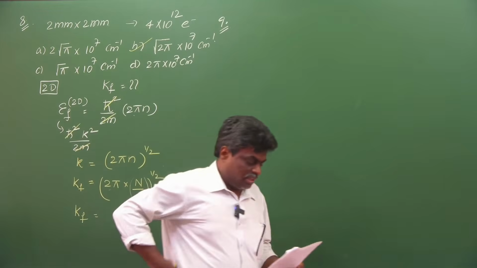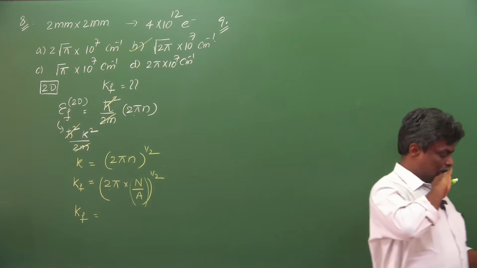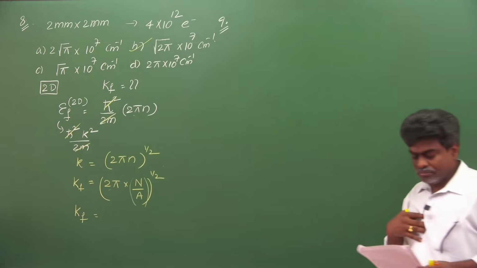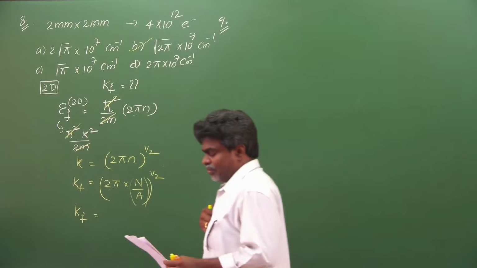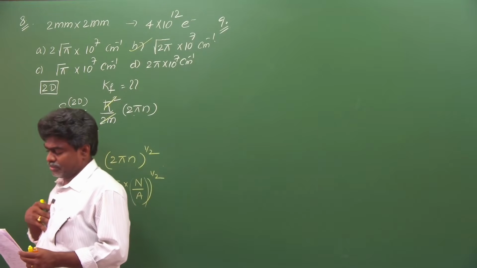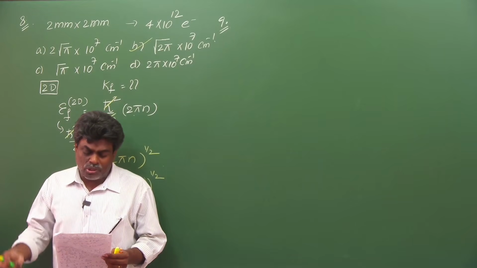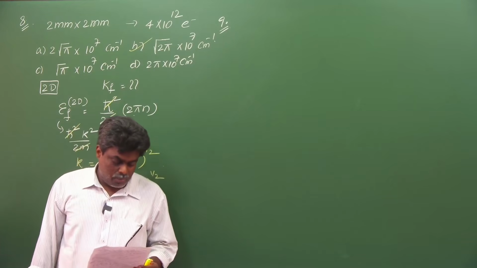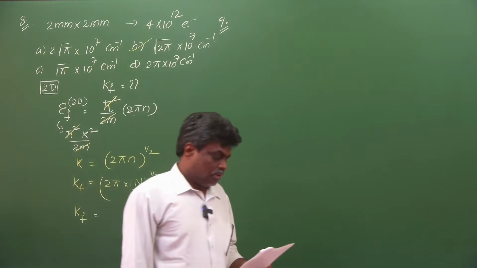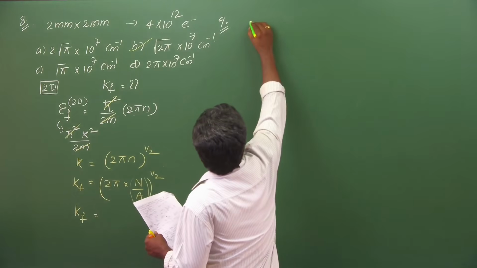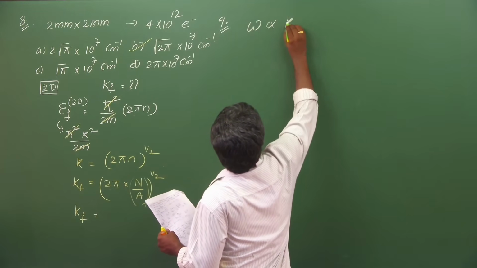One dimension. The frequency is proportional to the wave vector k, means omega proportional to k.